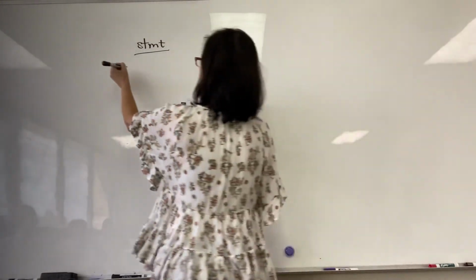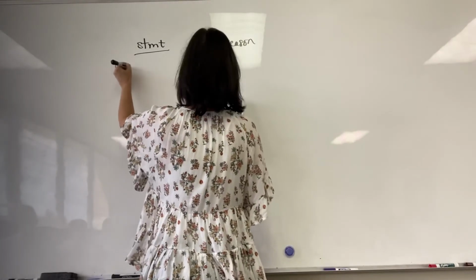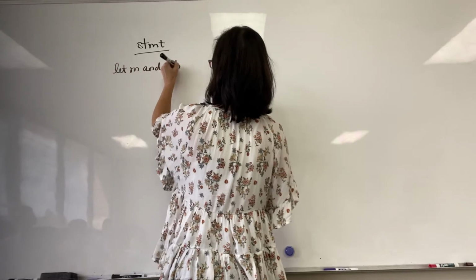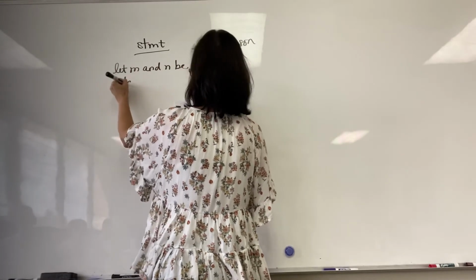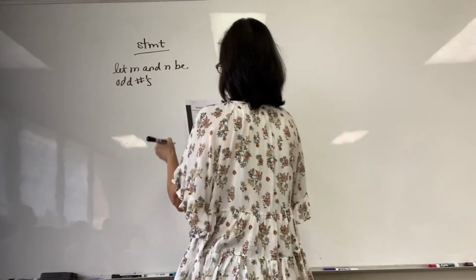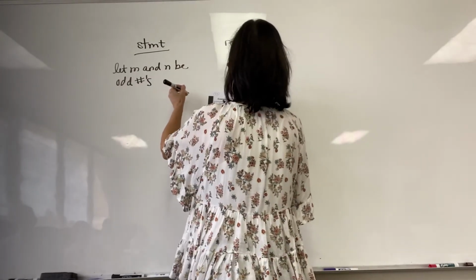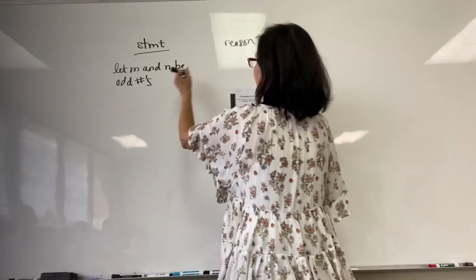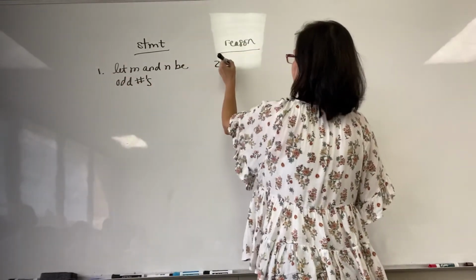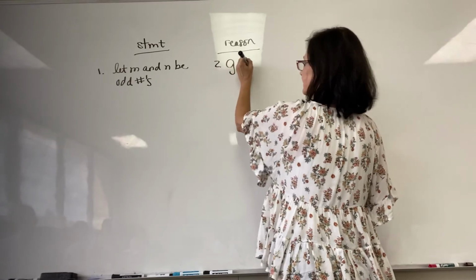All right, so we're going to let M and N be odd numbers. And we're going to say that is given. So this will be statement 1 in our proof, given.